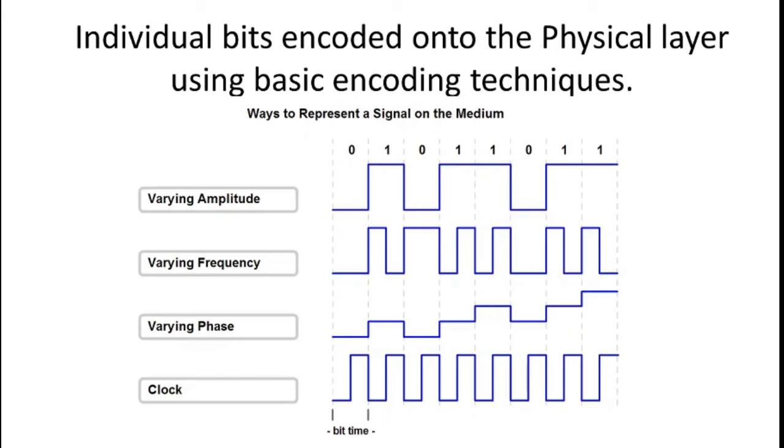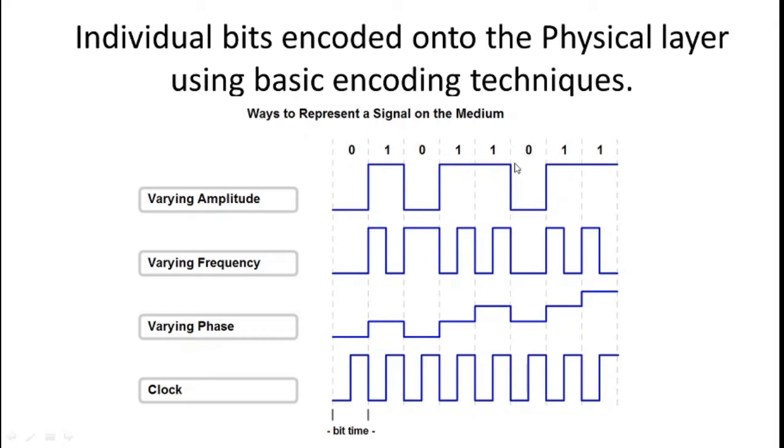And how are the individual bits encoded on the physical layer using basic encoding techniques? When varying amplitude, the data is represented like this: when it is 0, the amplitude is down, and when it is 1, it goes up, and for 0 again it comes back down, and when it is 1 it is on top.